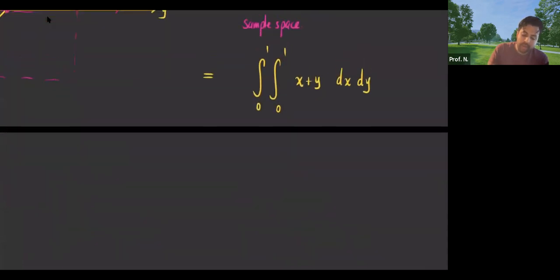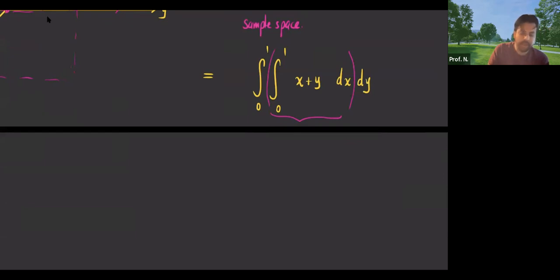So the way we start this is usually from the inside out. We treat this as a single variable here. When we look at the inner integral first, we can consider this an iterated integral. What's the integral of x plus y with respect to x only?